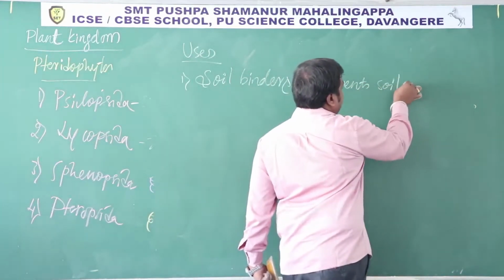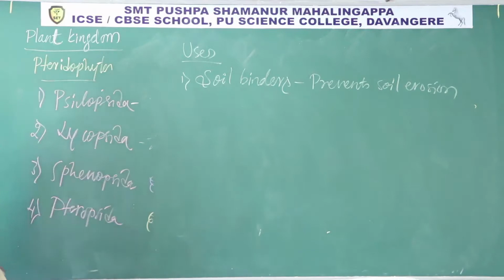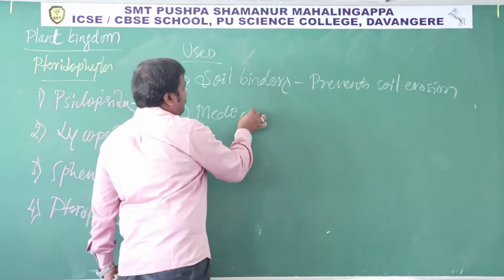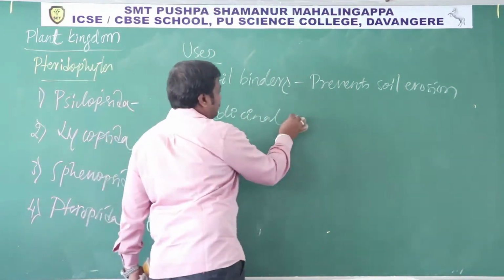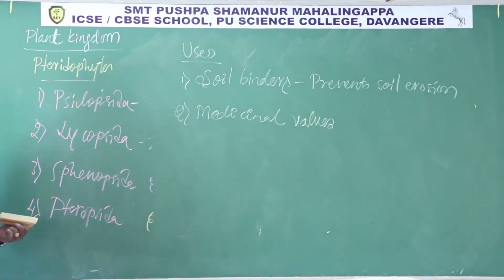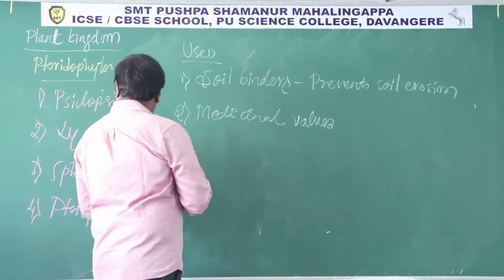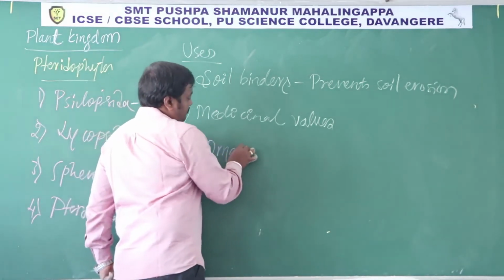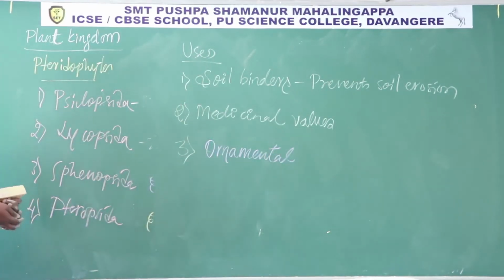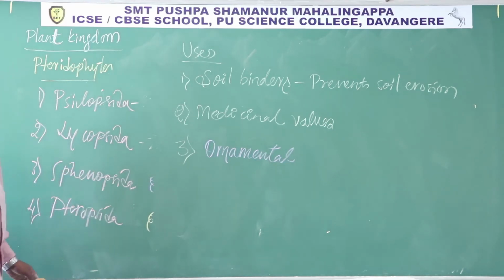Then they have some medicinal values; they can be used in some medicinal preparations. Then these pteridophytes can be used as ornamental plants. Okay, this is about the pteridophytes. Okay, thank you.